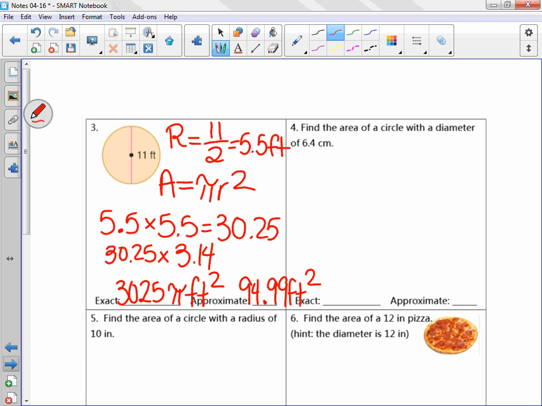Number 4, the area of a circle with a diameter of 6.4. So we're given the diameter again, right here, but we need the radius for area. So I have to divide 6.4 centimeters by 2, half that amount. So the radius is actually 3.2 centimeters.